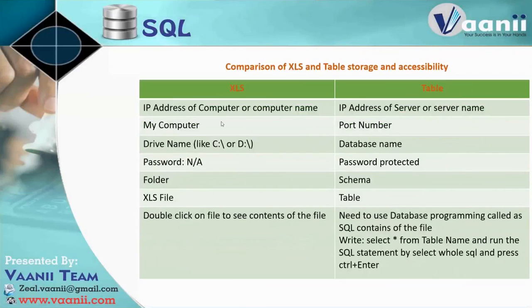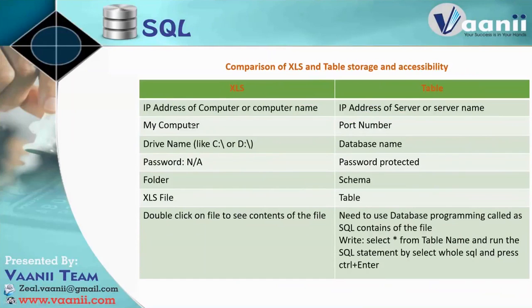So an Excel sheet will be on some computer having an IP address, right? That's the computer it is on. And you will have your computer name, right? Then here also we have a port number.